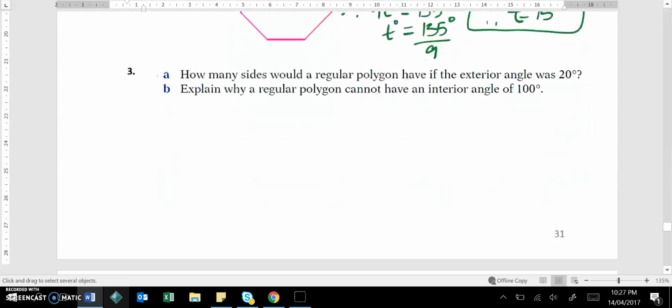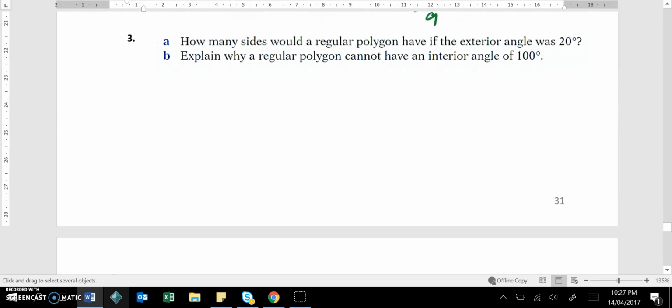Nice. Okay, next one. How many sides would a regular polygon have if the exterior angle was 20? So on this one, what it's saying is you've got some kind of polygon and the outside angle in here is 20, which means the inside angle would have to be 160.